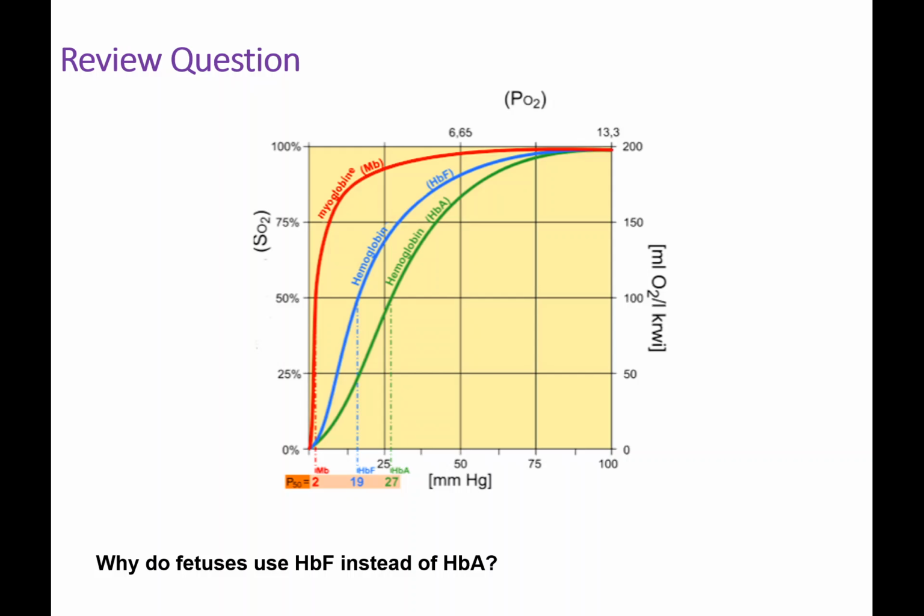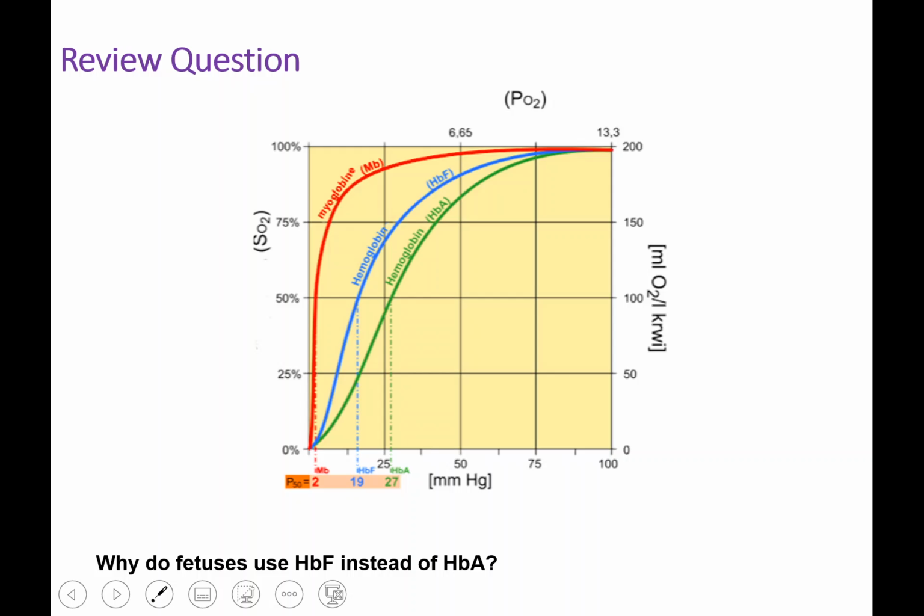So it's showing the percentage of the sites that are bound by O2 versus a partial pressure of oxygen gas. Red is myoglobin's curve, and green is the hemoglobin that is in normal adults. Blue is the curve that you get from the hemoglobin inside of a fetus. So it's labeled as HbF, fetal hemoglobin.